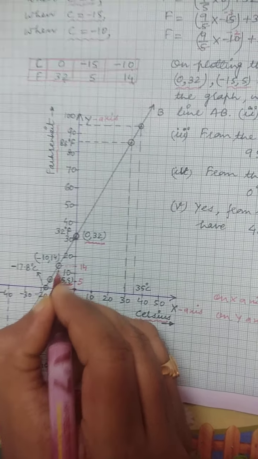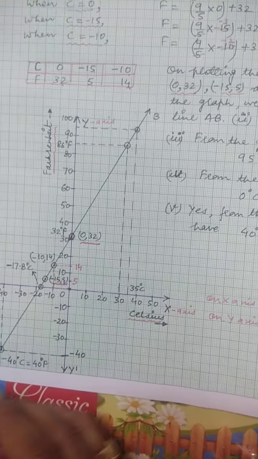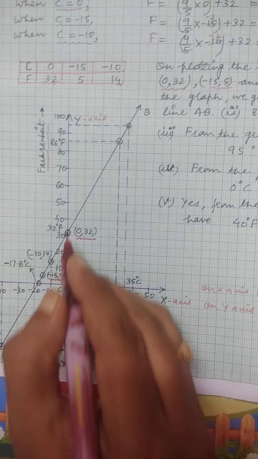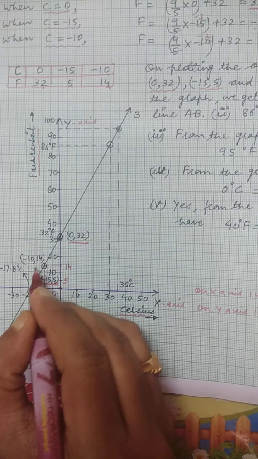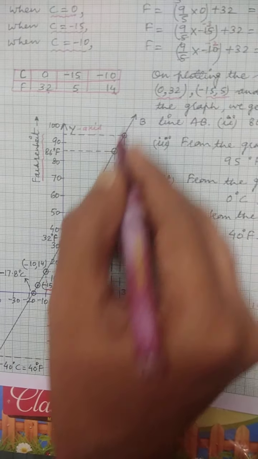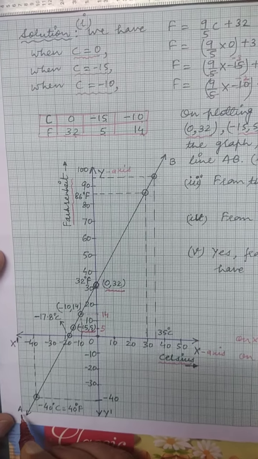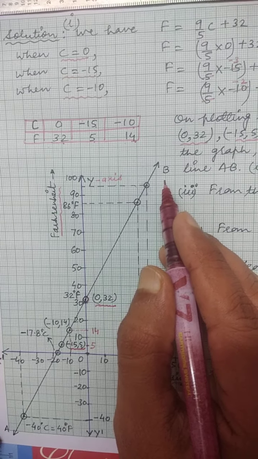So this is your (minus 10, 14). So when you join these points, that is (0, 32), (minus 15, 5) and (minus 10, 14), you will get a straight line, you can see. And we have already named it as A and B, line AB.